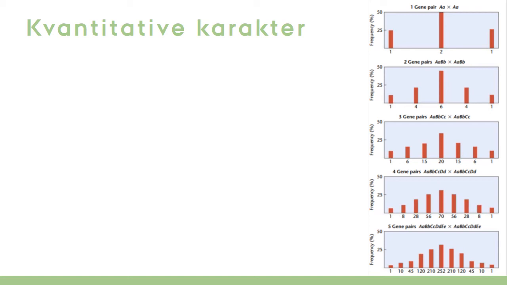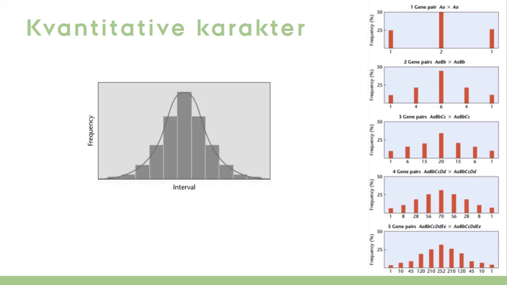And if each gene has this small additive effect, like we saw in the previous slides, where each gene would have a portion of white or a portion of black, and all this adds up together, and you introduce more and more genes, you will start to see some sort of bell shape, like this. And this is the origin of the normal distribution that we for example see in human height.